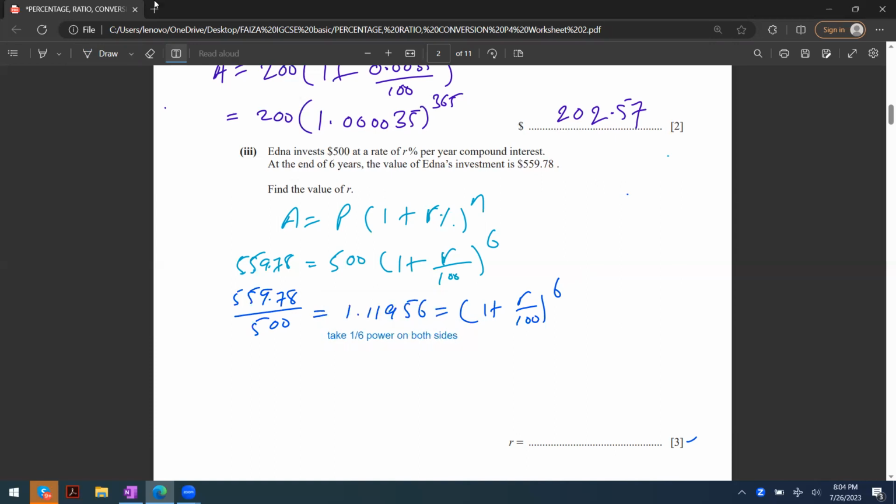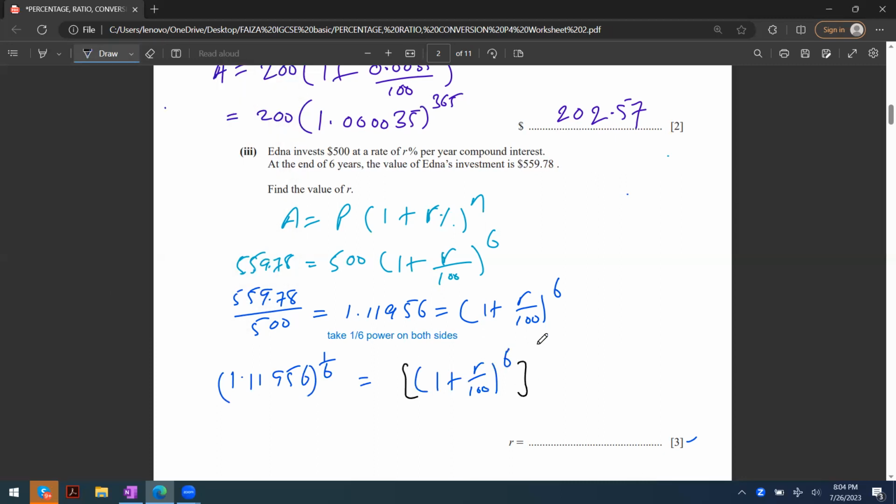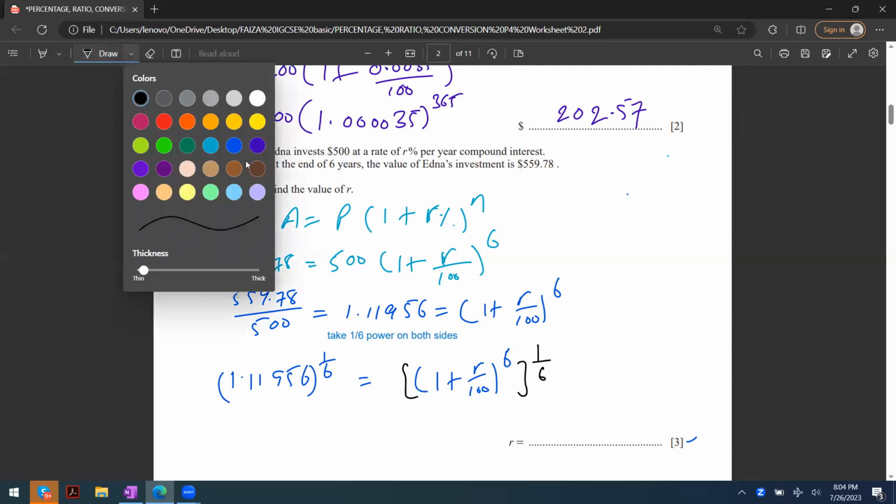That means 1.11956 raised to power 1 over 6, both sides raised to power 1 over 6.